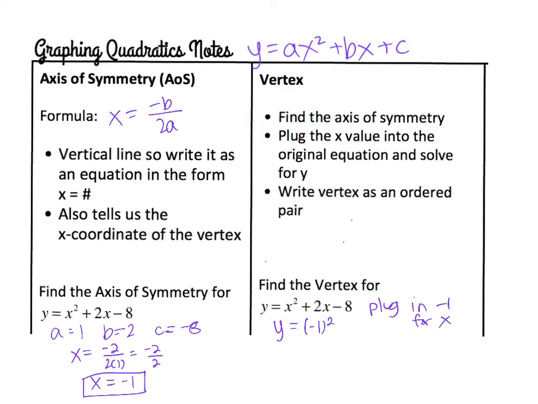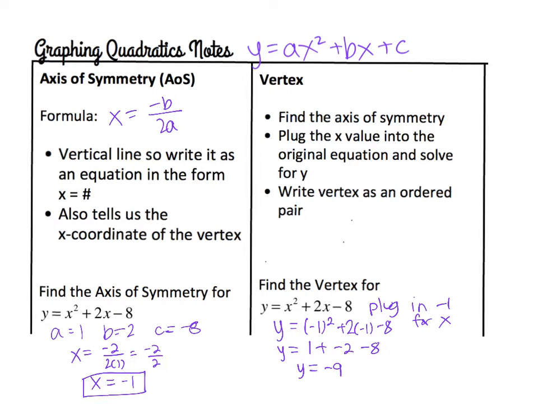So I have negative 1 squared plus 2 times negative 1 minus 8. Since we're squaring a negative 1, it'll be negative 1 times negative 1, which is a positive 1. And then 2 times negative 1 is a negative 2 minus 8. So my y value is 1 minus 2, which is a negative 1, minus 8 gives me a negative 9.